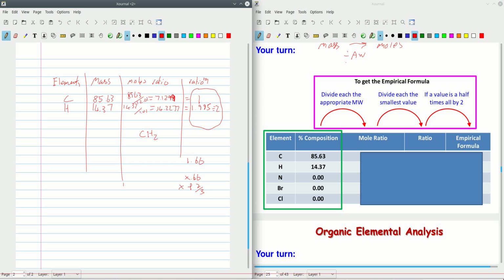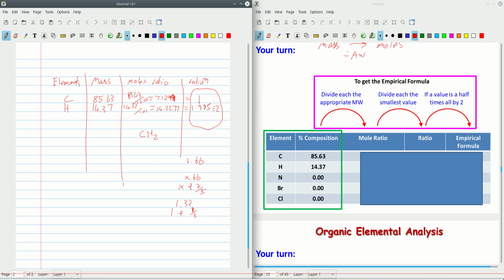This is not. Or we could have 1.33. That is not close enough to 1 to be counted as 1. It is actually 1 and 1/3.